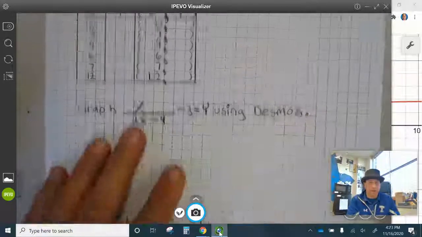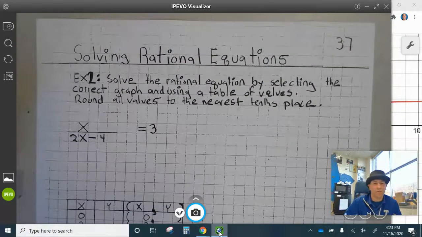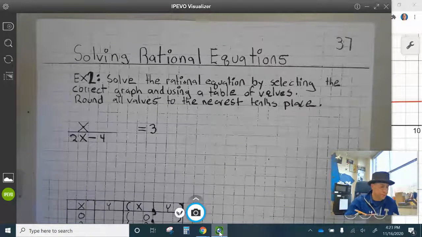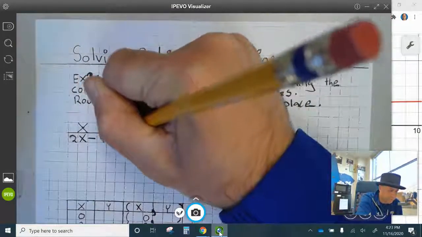All right, now let's take a look at example 2. Solve the rational equation by selecting the correct graph and using a table of values. Round all values to the nearest tenths place. Okay, so the first thing we're going to do, we're going to subtract 3 from both sides.